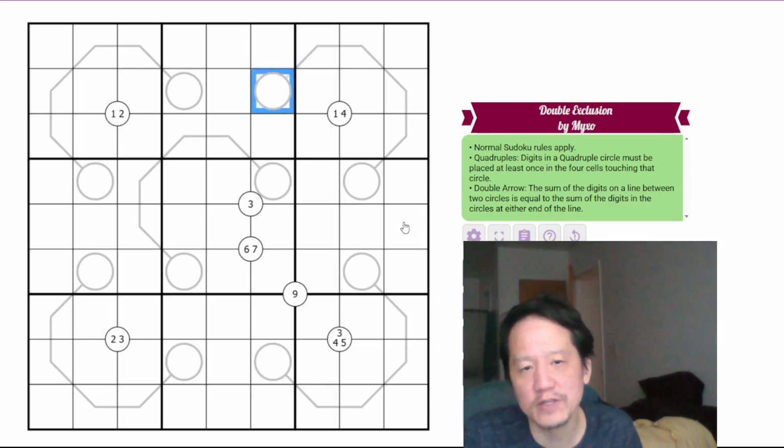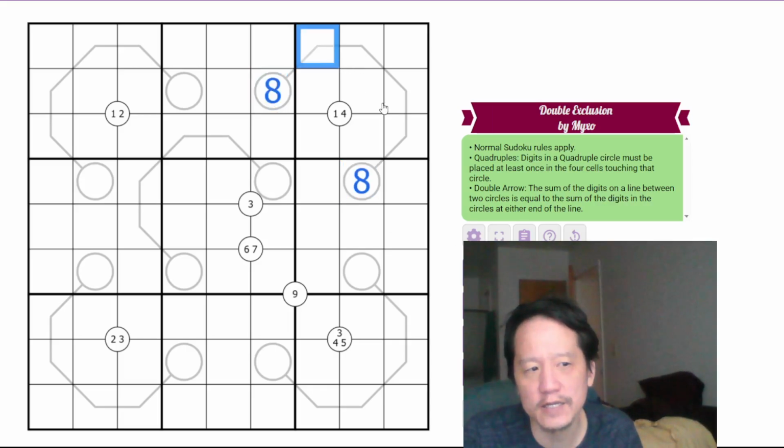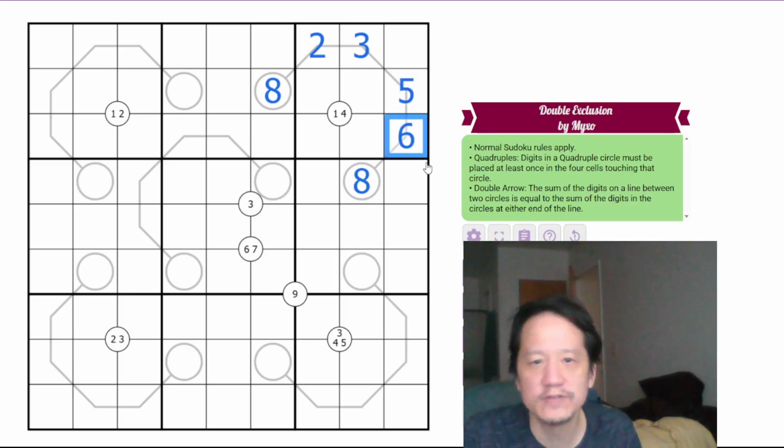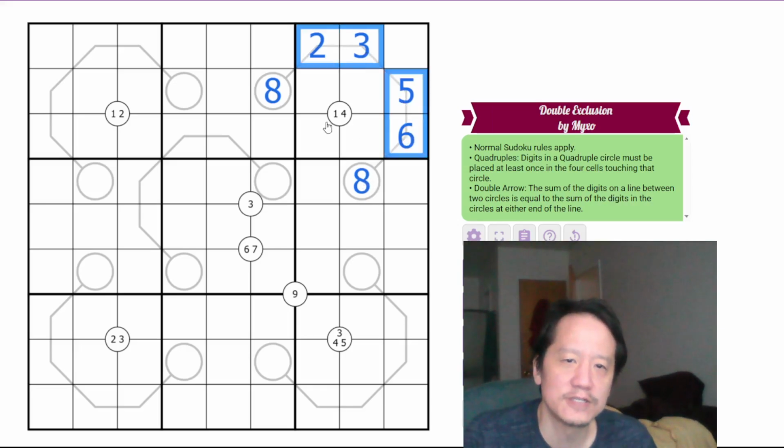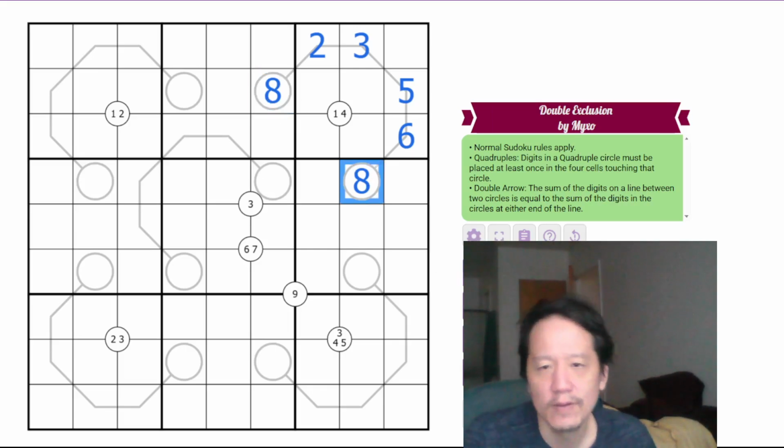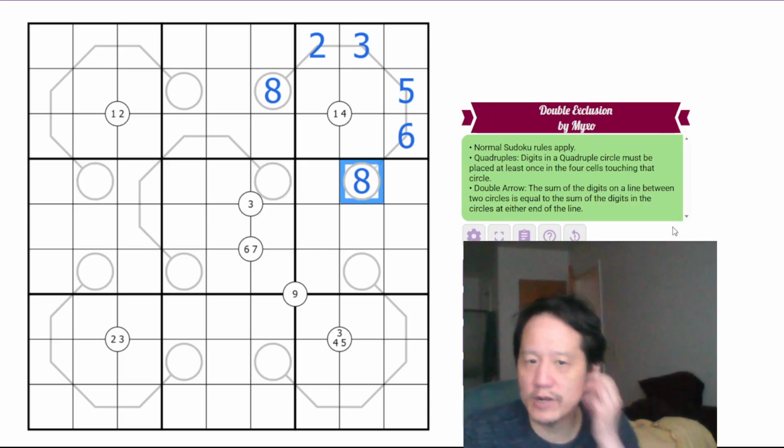So you could have something like 8 and 8, and you have, I don't know, 2, 3, 5, and 6. Does that work? Yes, okay. Because 2, 3, 5, and 6 adds up to 16, and 8 and 8 add up to 16. So therefore, the digits on the line between the two circles must add up to the endpoints of these lines. And that's how double arrows work.